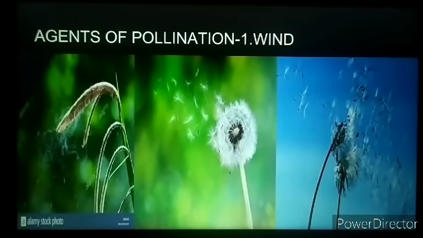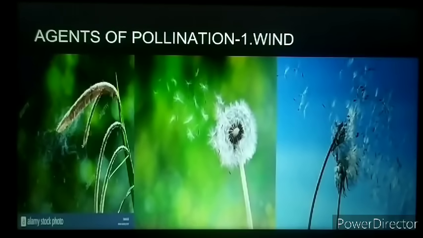So definitely when they are in the air, most of the pollen grains get destroyed. When they are moving in the air for pollination to take place, most of the pollen grains will get destroyed. They will not reach the target place.